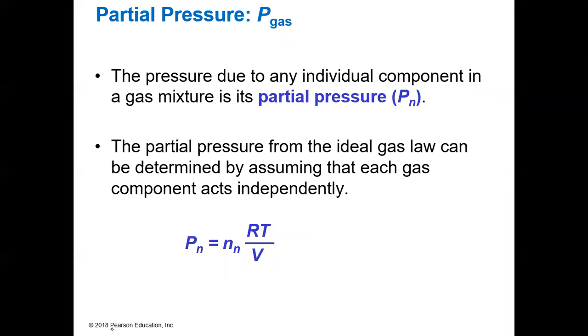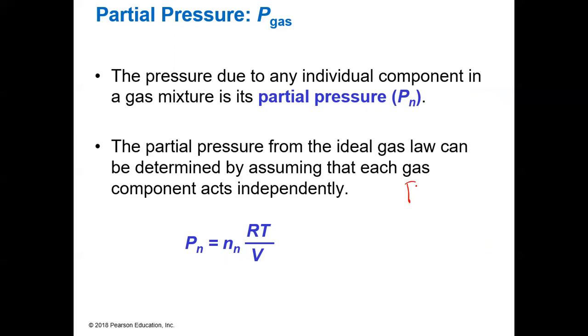To find the partial pressure of the individual components in a gas mixture, we're simply going to use the ideal gas law that has been rearranged.